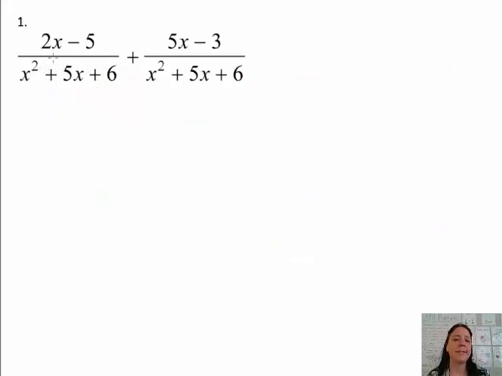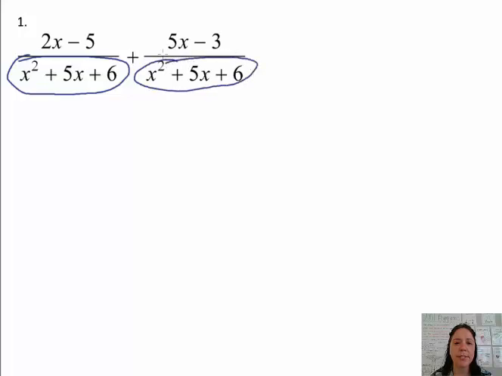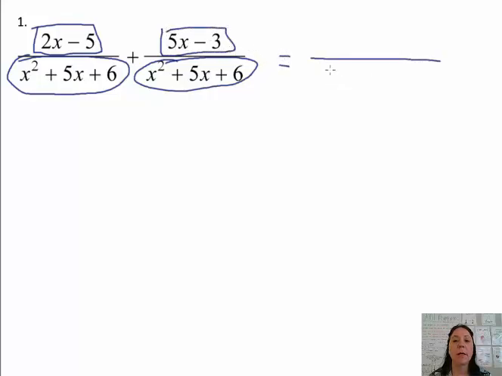All right, here's our first adding rational expressions. And our denominators are the same, so we're going to be able to just add these two binomials. So, my denominator is going to be x squared plus 5x plus 6.